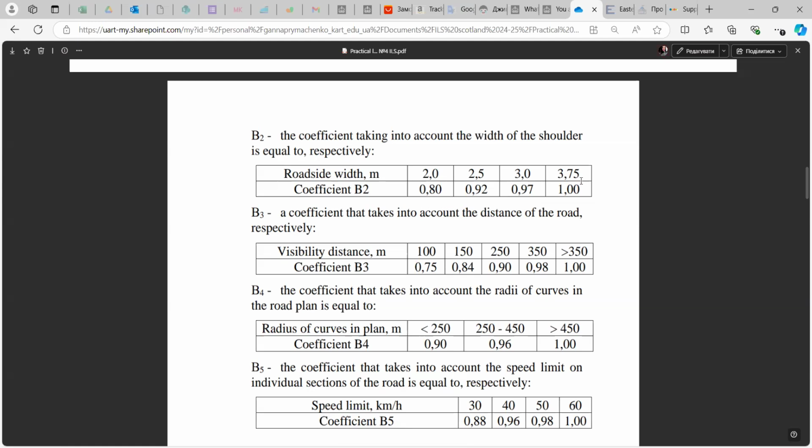So our next coefficient is coefficient b with index 3. It is a coefficient that takes into account the visibility distance of the road, respectively. So we need to find such information as visibility distance in meters. We find it in our table. You remember it, and find coefficient b with index 3.